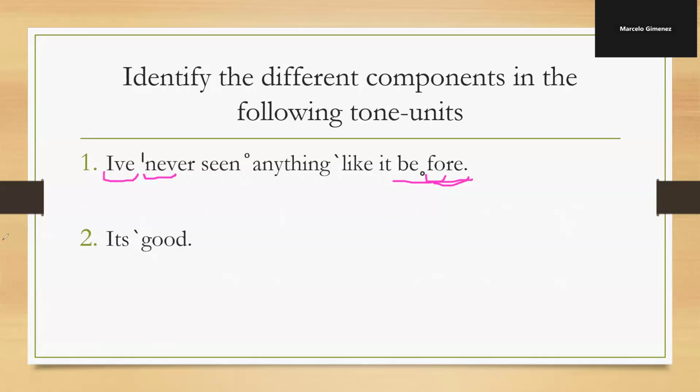So what I'd like you to do is identify pre-head, head, onset, nucleus, tail, if they are in the examples. Remember that I said that all the elements are optional with the exception of the tonic syllable. The tonic syllable will always be the key part of any unit or utterance.